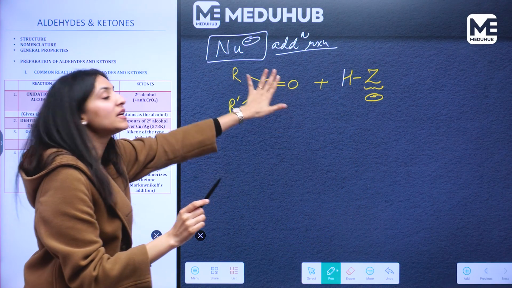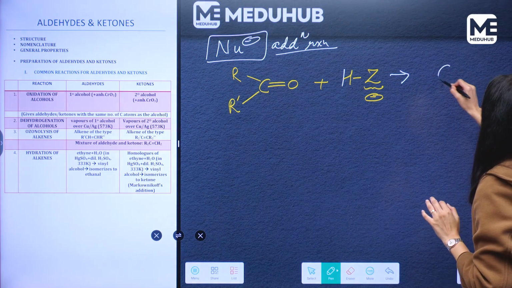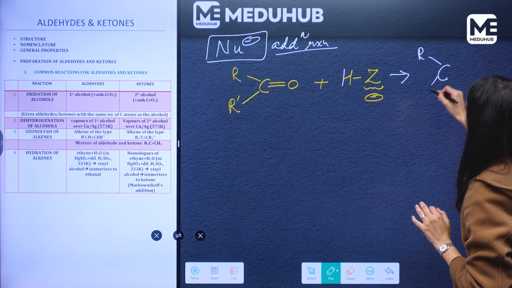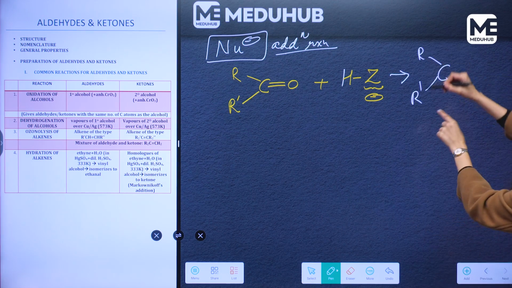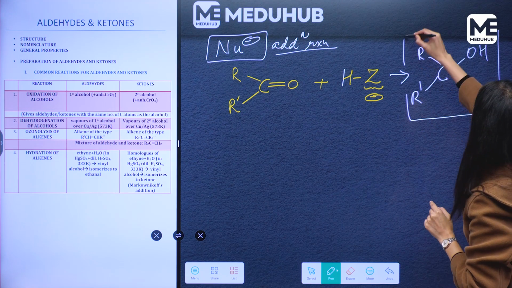When HZ reacts with the carbonyl compound, it gets added on to the carbonyl carbon, giving us this product R R dash OH and Z. So this is the addition product.